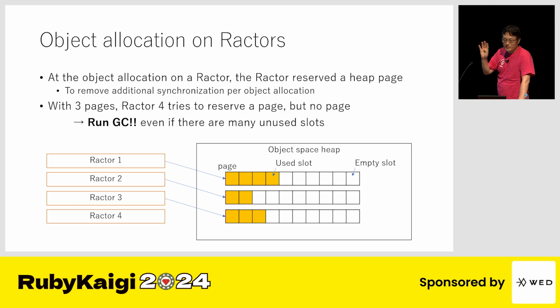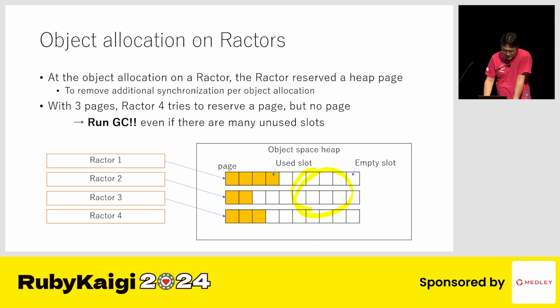After the analysis, we observed, for example, there are 3 pages with 4 Ractors. Ractor 1, Ractor 2, and Ractor 3 cache each page. Then Ractor 4 wants to make a new object, so Ractor 4 needs to allocate another page. However, there is no new page, though there are some empty slots. With threads, we can make more and more objects without garbage collection.